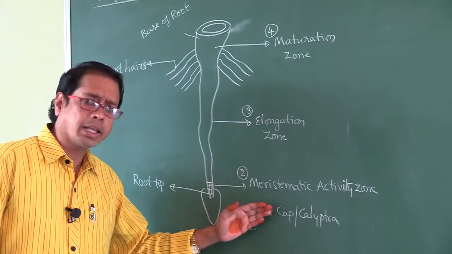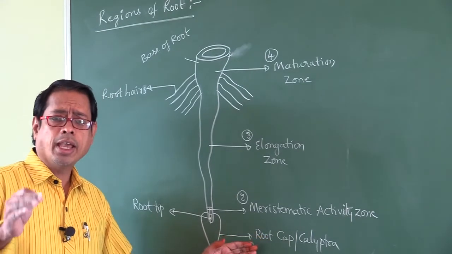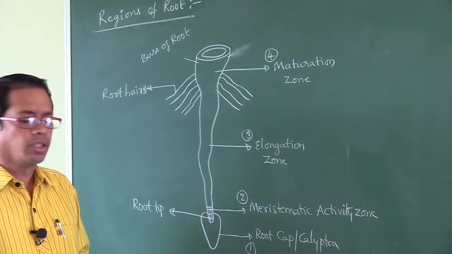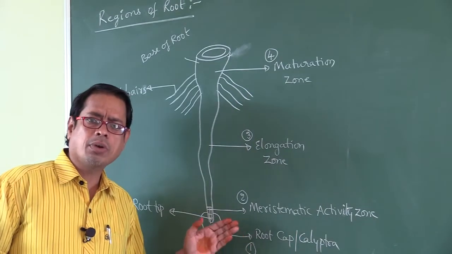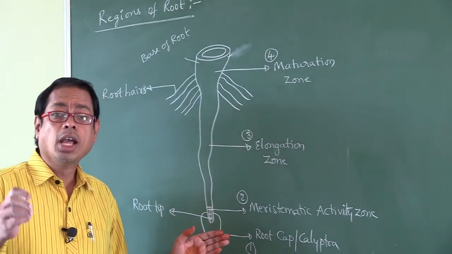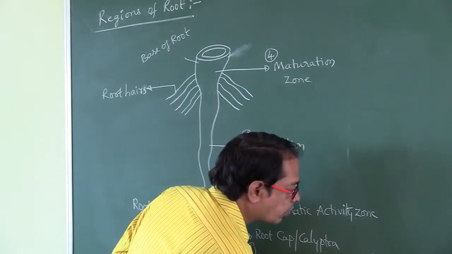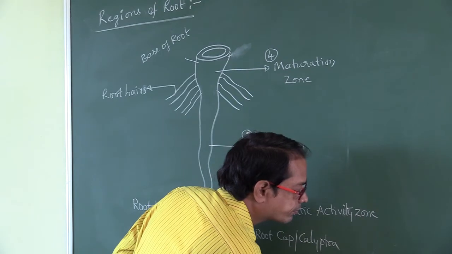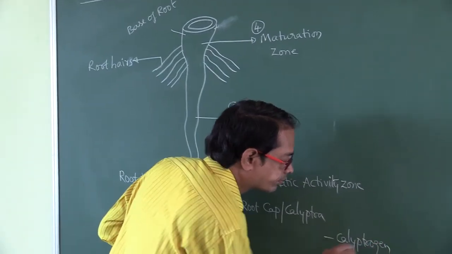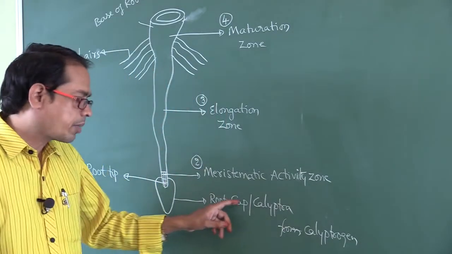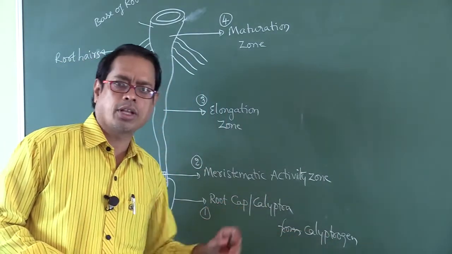This root cap or calyptra is formed from a meristematic tissue called calyptrogen. What is that? Calyptrogen. Root cap or calyptra from calyptrogen.